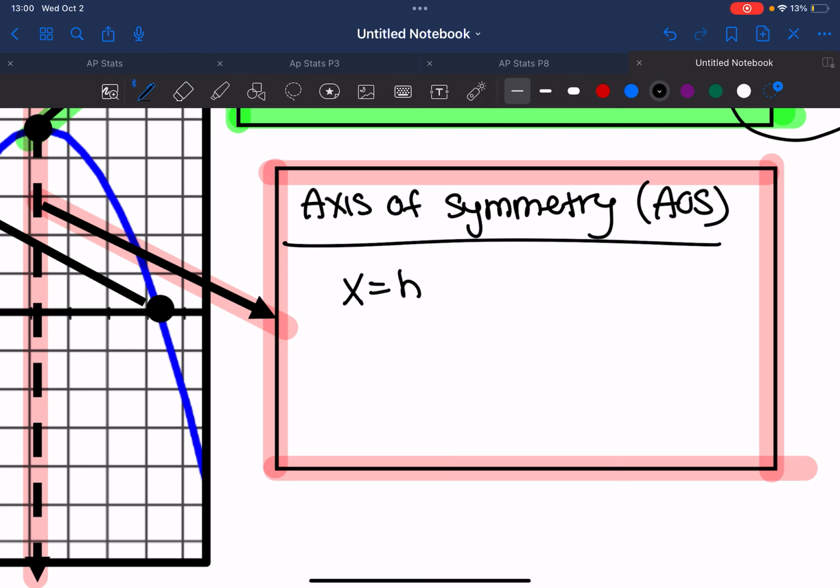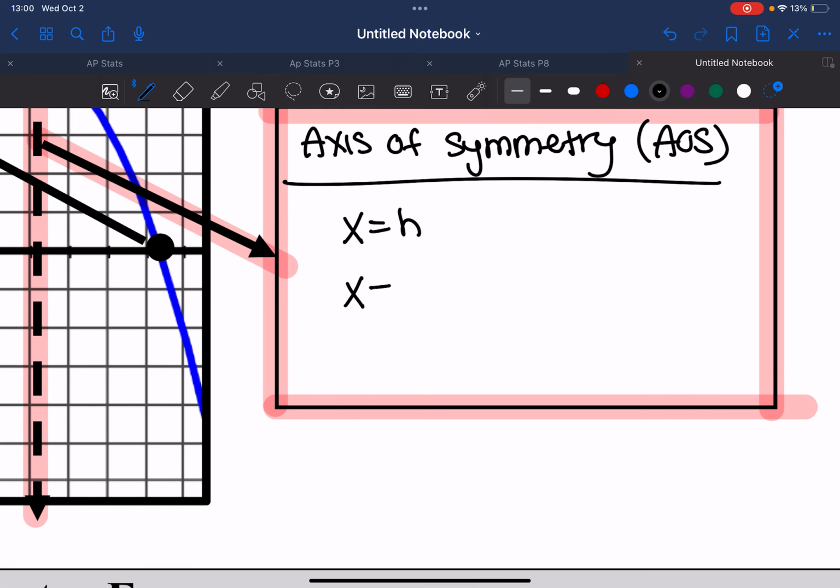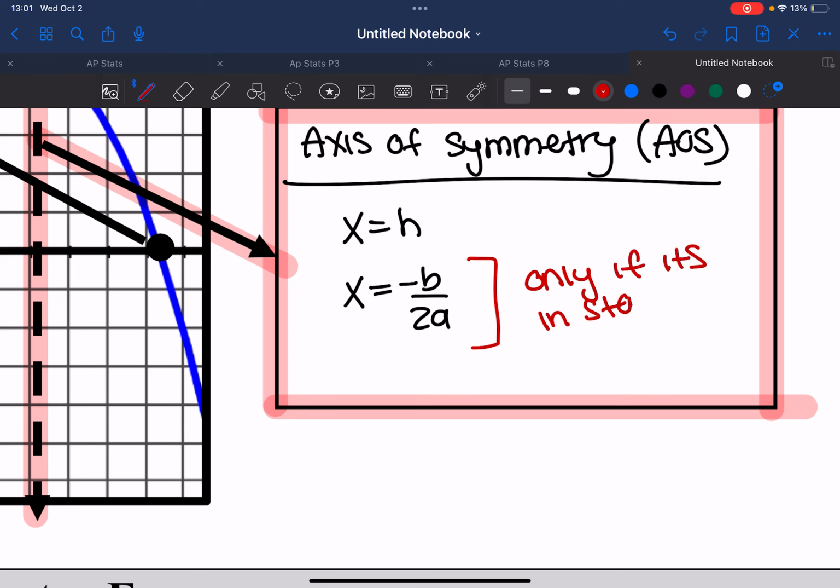And if we do not know the vertex, we can find it using the formula x is equal to negative b over 2a. However, it's important to note that we can only use this if our equation is in standard form. And remember, standard form is ax squared plus bx plus c.